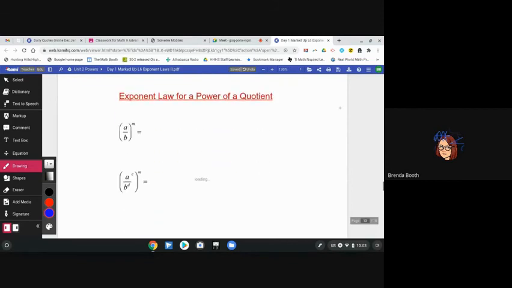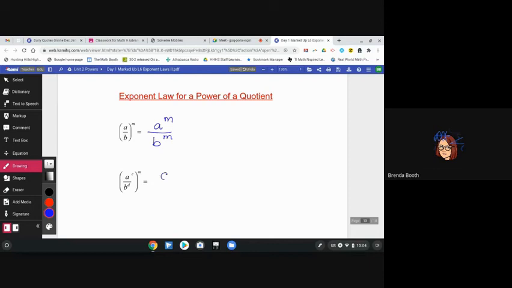So here we're going to write down our exponent law for a power of a quotient. So (a over b) to the power of m is equal to a to the m over b to the m. And then in the next one here, noticing on the inside that there's powers on the inside. So now we've got power of a power. This is where we'll multiply exponents.